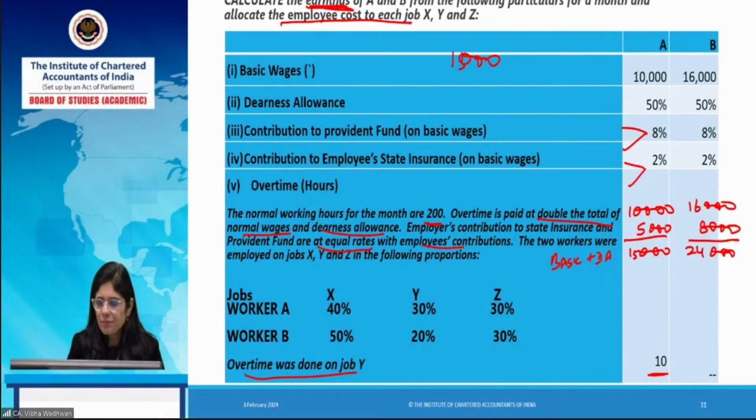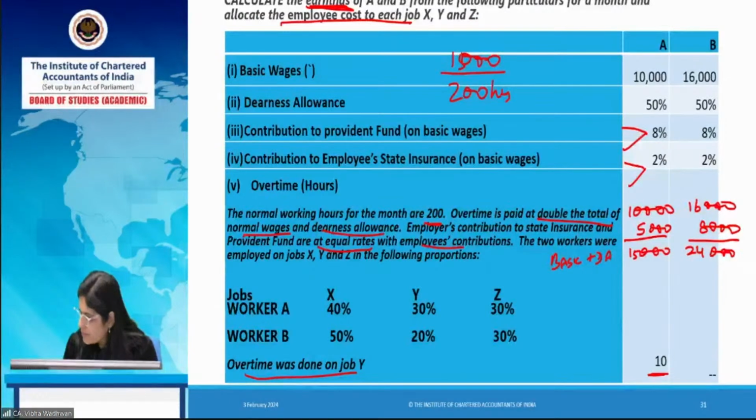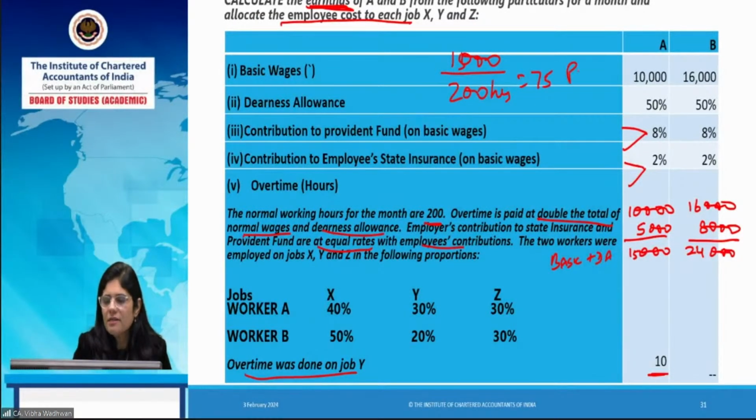So the total is 15,000 divided by 200 normal working hours. 15,000 divided by 200 is 75, the normal rate per hour for employee A, on basic and DA.